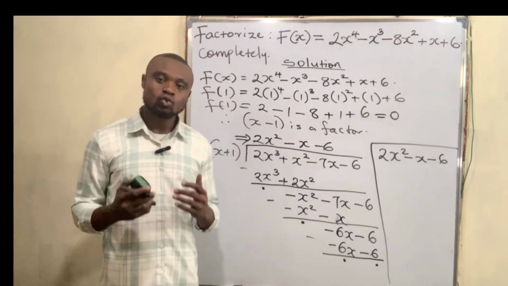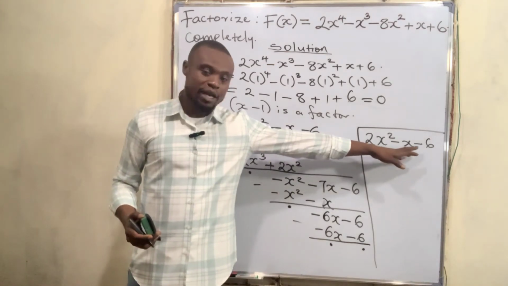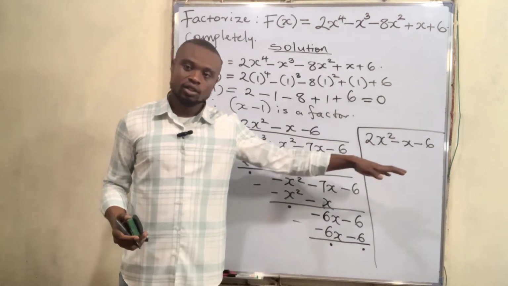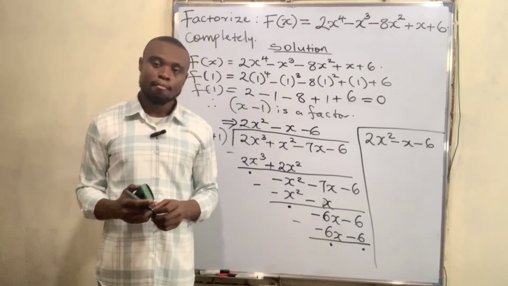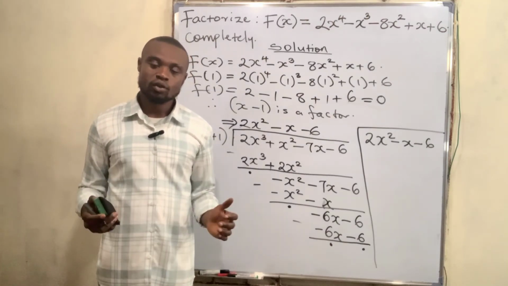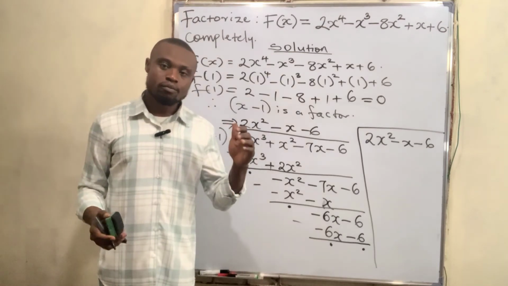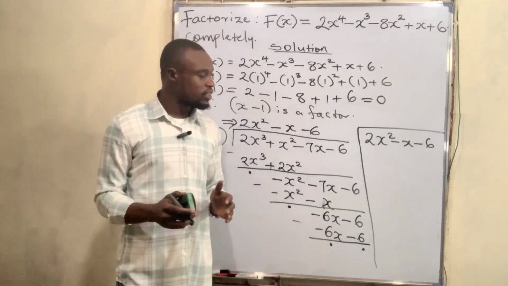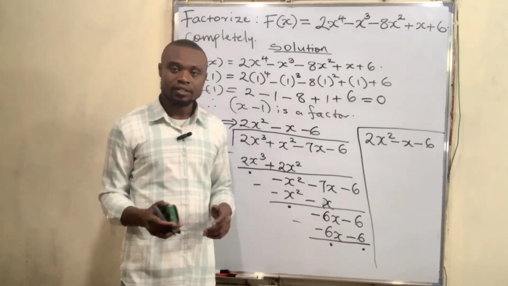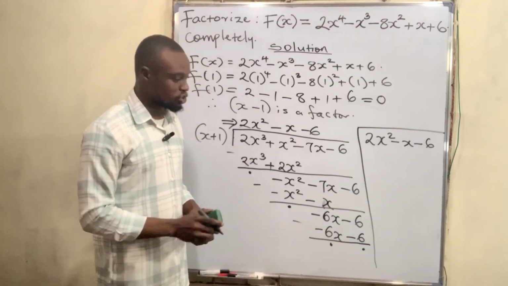A minus 12x squared. 2x squared multiplies minus 6, so we get a minus 12x squared. So what are the factors of minus 12x squared? Particularly minus 12 is what? 6 and 2, 4 and 3. So we are using 4 and 3, right? So we get a minus 4 and plus 3.